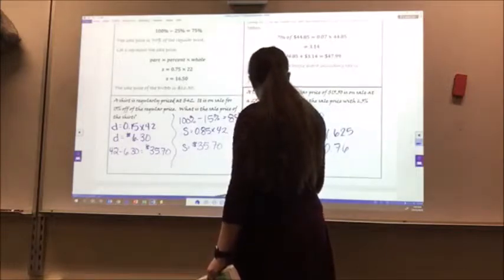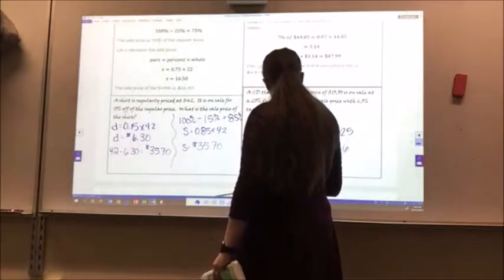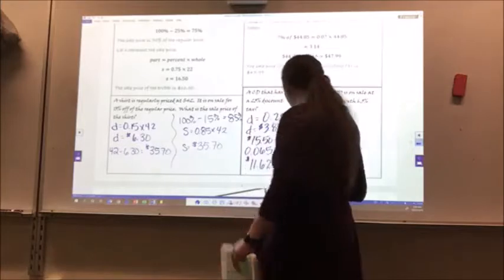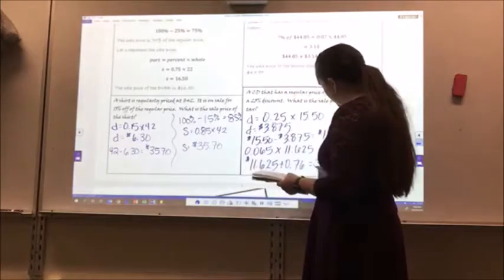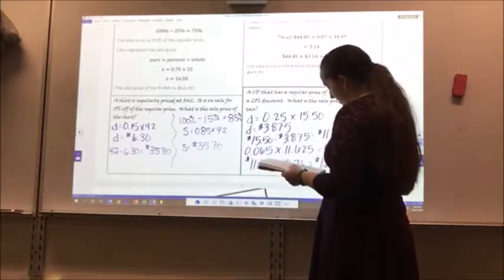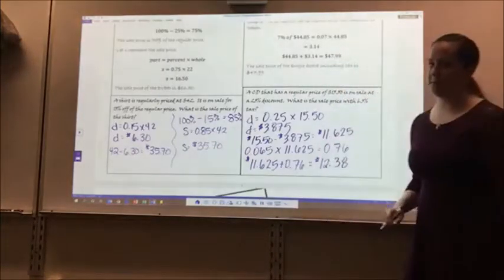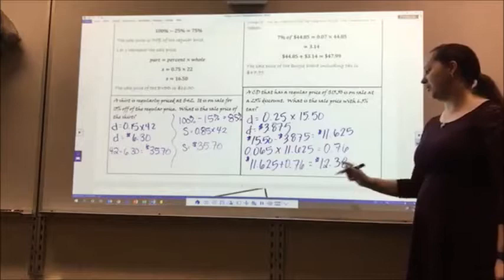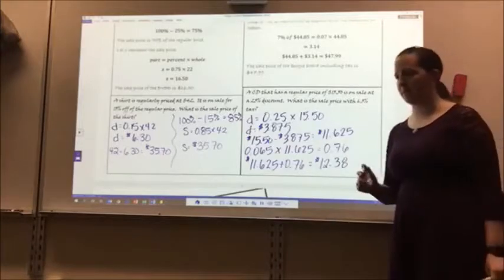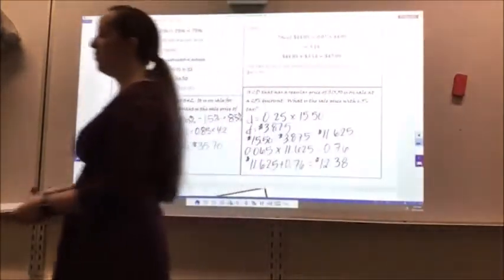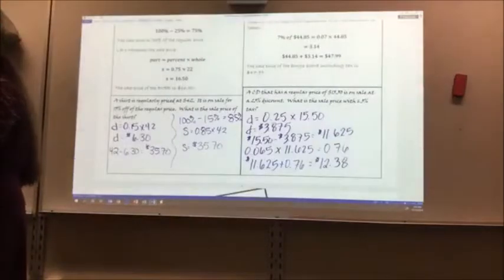So 11.625 plus 76 cents equals $12.70 once I round it. It's actually 12.385 and I round it to 12.39. Okay? So it is important though that you wait to round until the end.